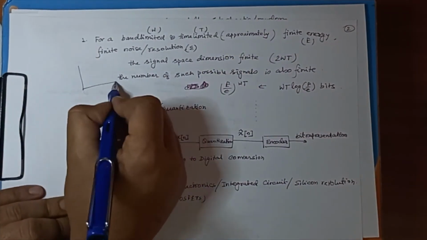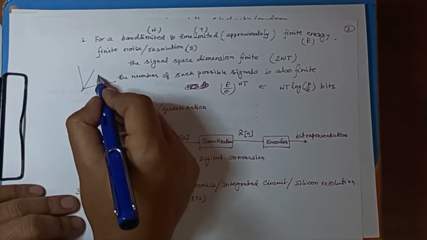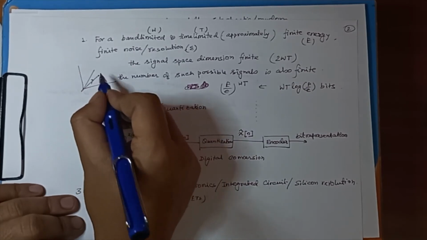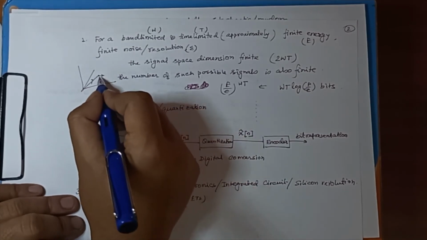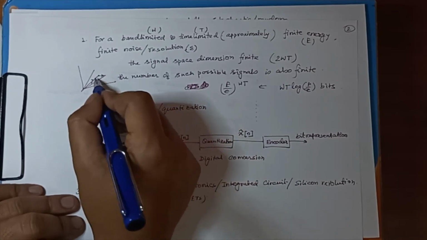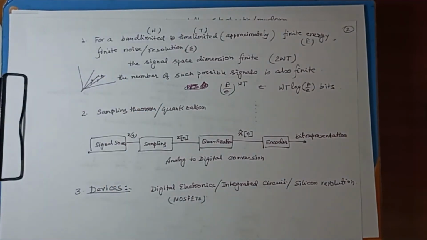Suppose this is a finite dimensional space, and the signal is sitting here. If some noise is added, from a vectorial point of view, suppose this is the signal vector, it will be shifted as the noise signal is added. So the new representation is the vector addition of those two signals. This is the original signal, this is the noise signal, and you get the new signal.